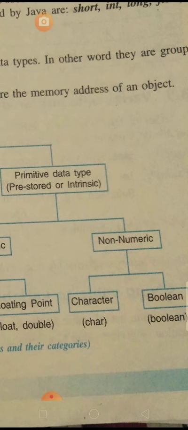A variable is declared to be a character type when it holds a character literal, that is, a single letter, digit or special symbol enclosed within single quotes. Next is Boolean type. Boolean literals are true or false. To store a Boolean literal, the variable must be declared boolean.